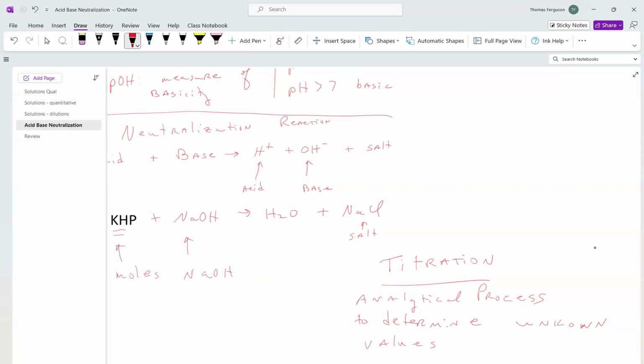And there's a technique we're going to use to know when we get there. And that's called an indicator. And the indicator is going to tell us when that point is reached.